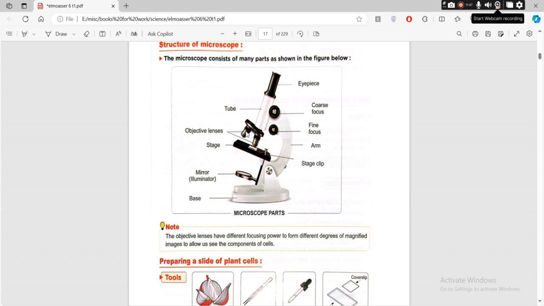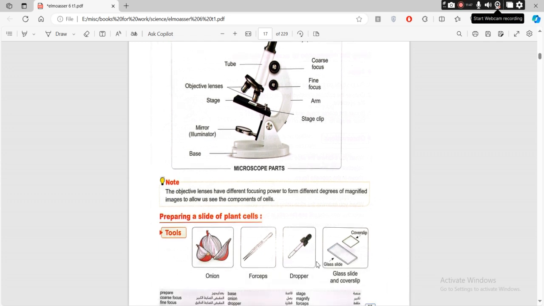And we have lenses, like any kinds of lens, they enlarge the small things to make them seen. And we have the stage where we put something called the stage clip. Using a stage clip, we put something called a slide, like this. This is where we put the small things that we have to see itself.